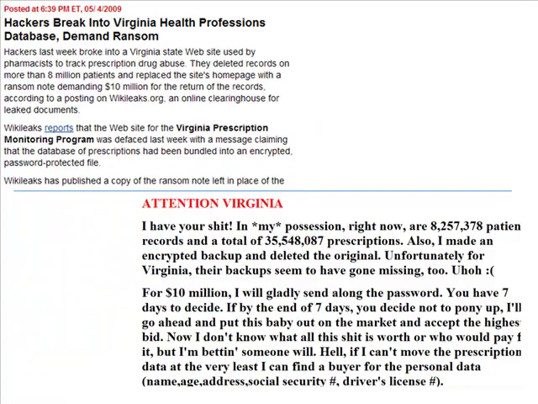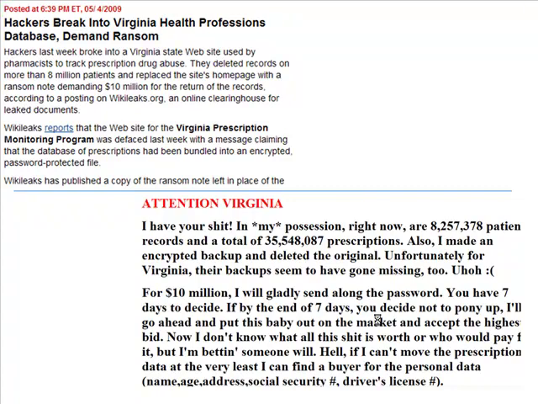Another example happened last year with the Virginia Health Professions Database, where there's a prescription monitoring program where prescriptions for particular types of drugs are documented, and this information is available on a website for specific individuals, like for providers, pharmacists, and so on. So one morning, the front page of the website was defaced with the ransom note down there.